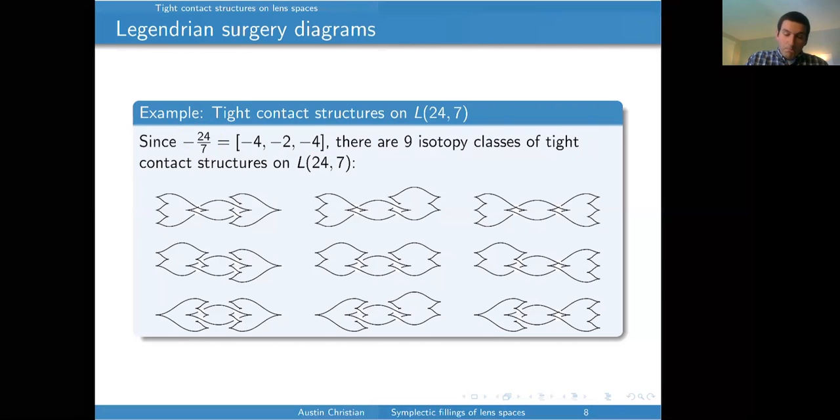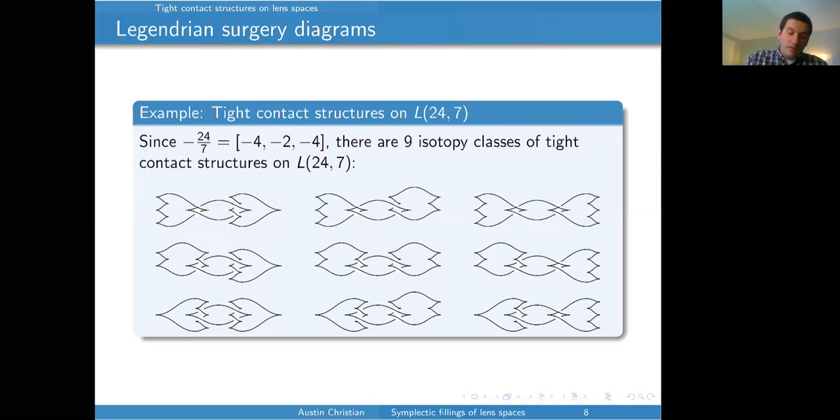And you can see, corresponding to the -4, we have an unknot which has been stabilized twice. Corresponding to the other -4, another unknot which has been stabilized twice. And to the -2, an unknot which has not been stabilized at all. This is why it's important that the framing be at most -2.